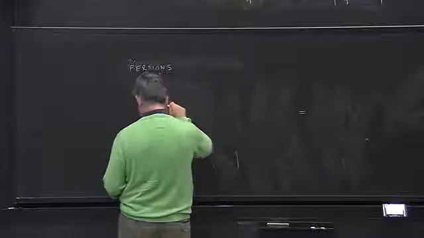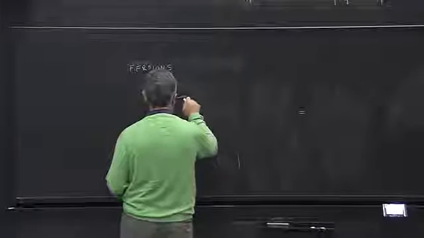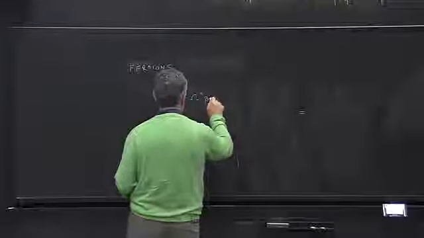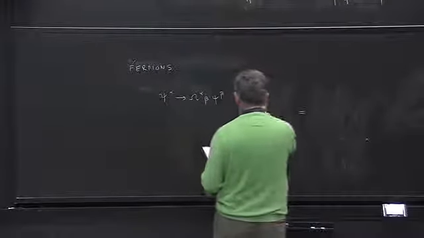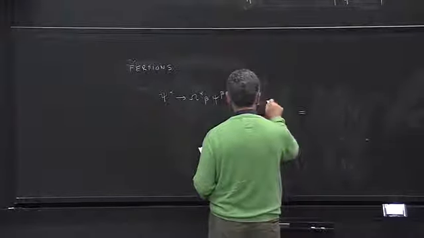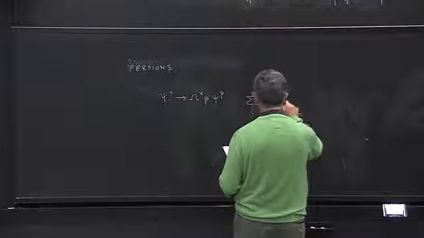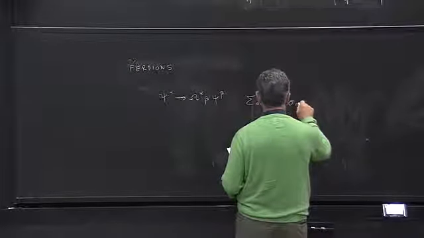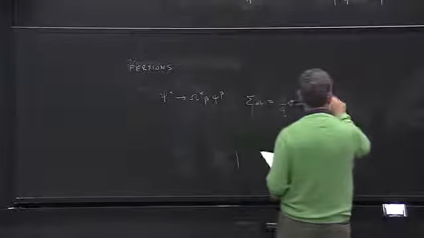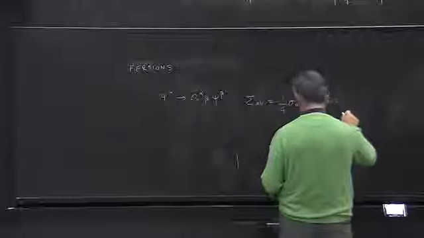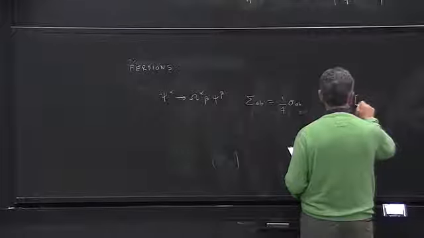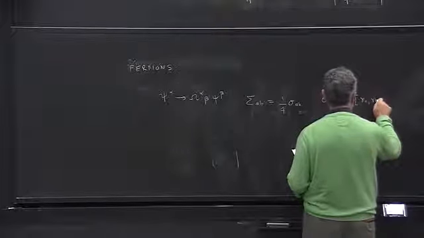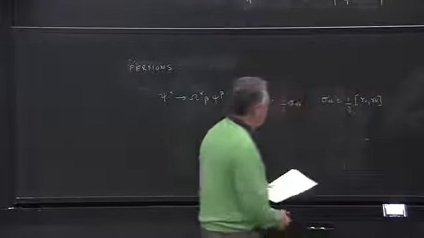So psi, the fermion, we've decided transforms like this. This sigma is frequently used as an abbreviation for the commutator of two gamma matrices.